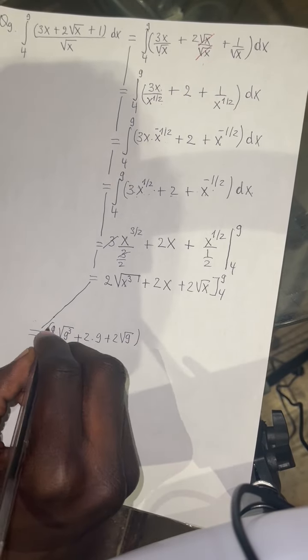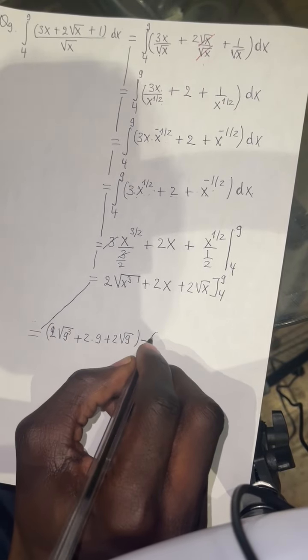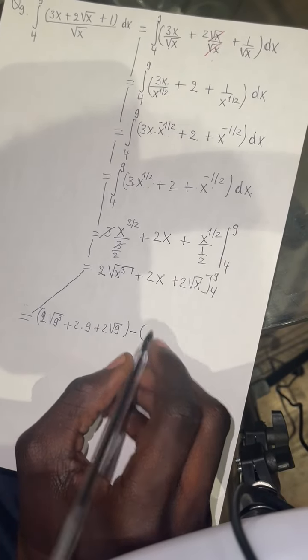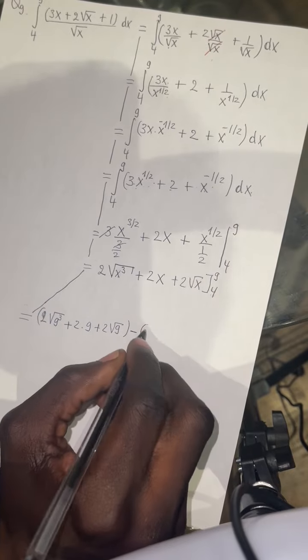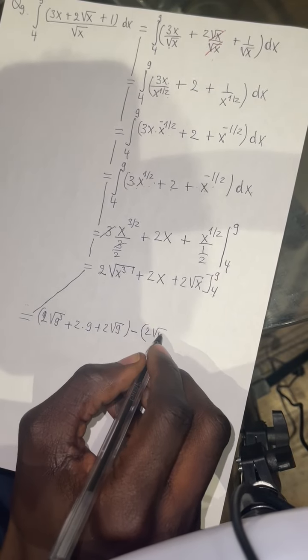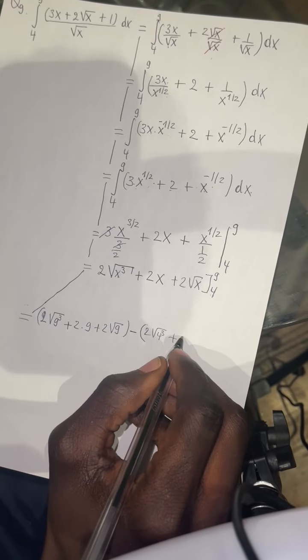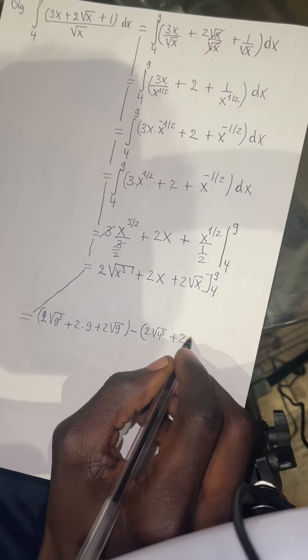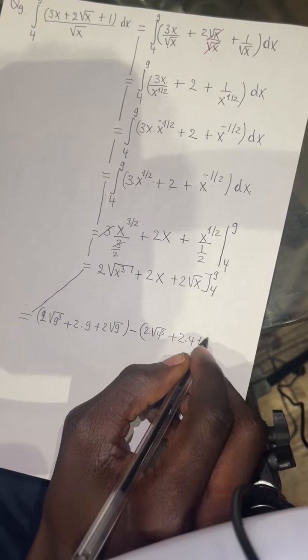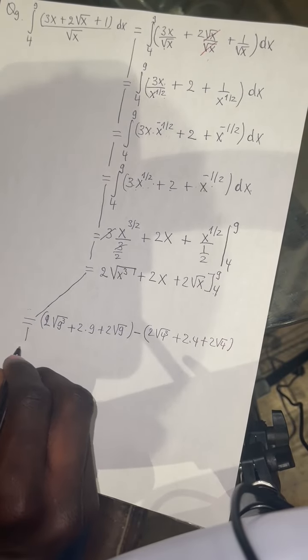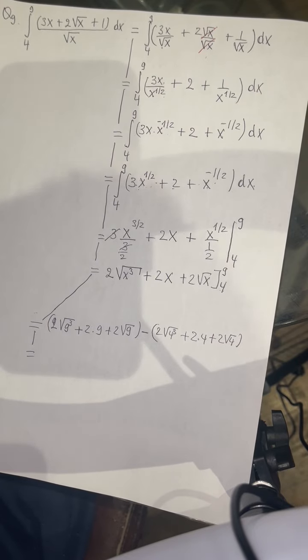We close the bracket, and then we say minus, and then we put the same equation with 4. So you're going to have 2 square root of 4 to the power 3 plus 2 times 4 plus 2 square root of 4, and then we close the bracket. So now this is how the answer is going to be.